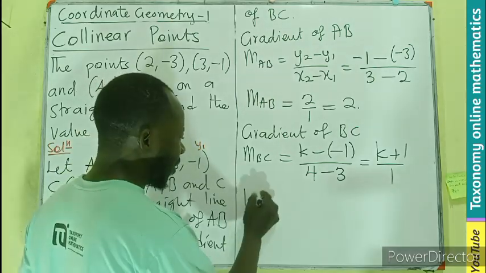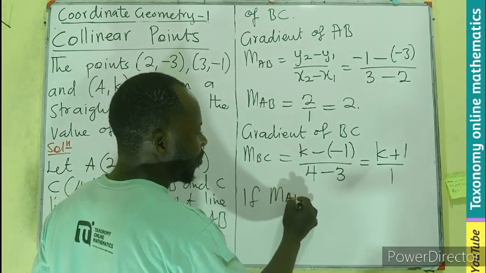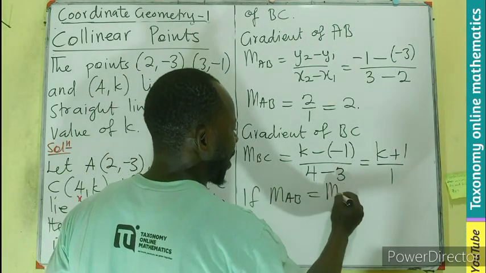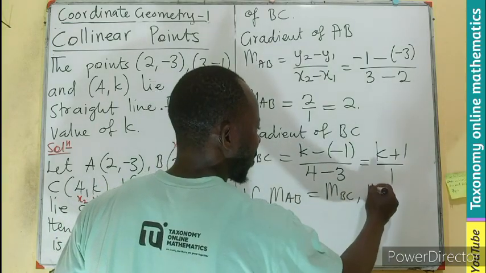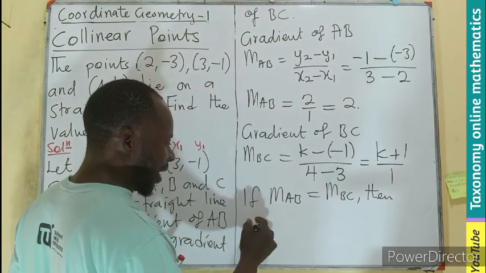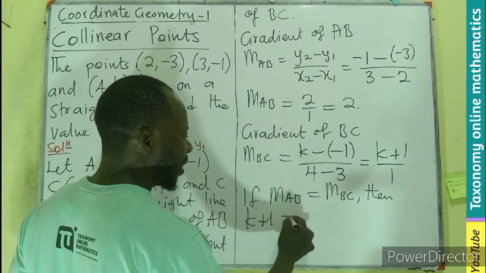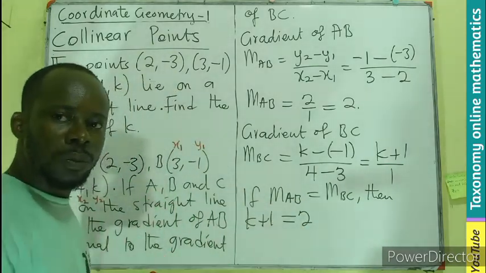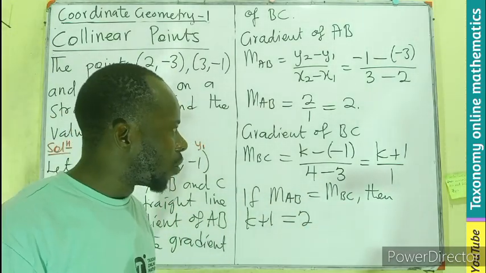So if the gradient of AB equals the gradient of BC, then k + 1 is the same as 2.